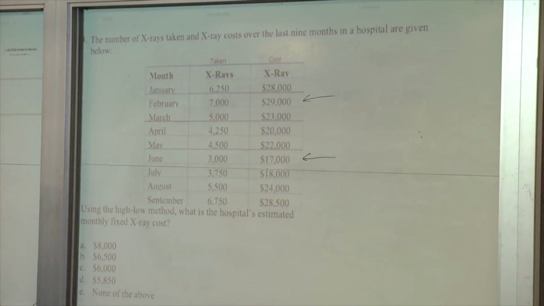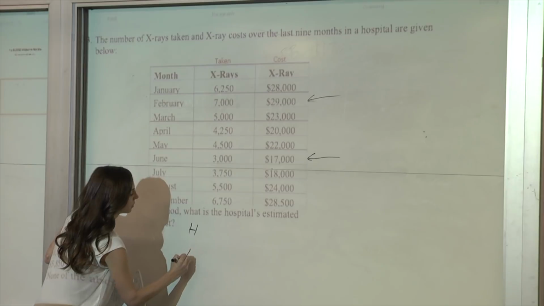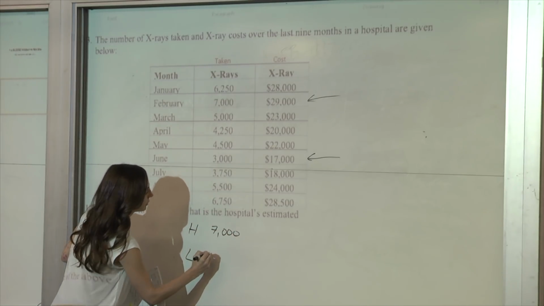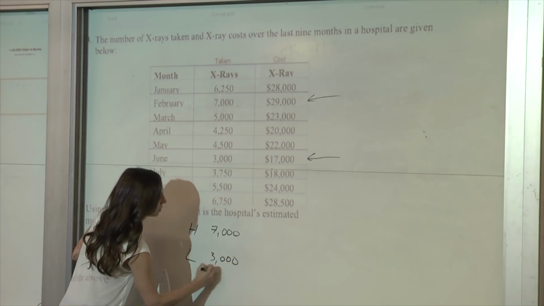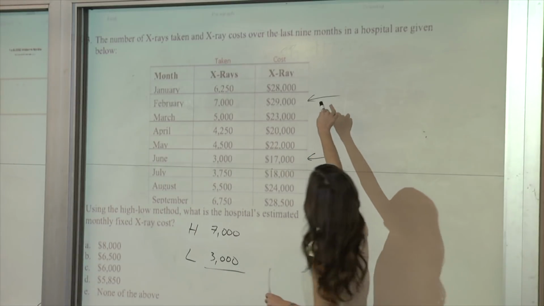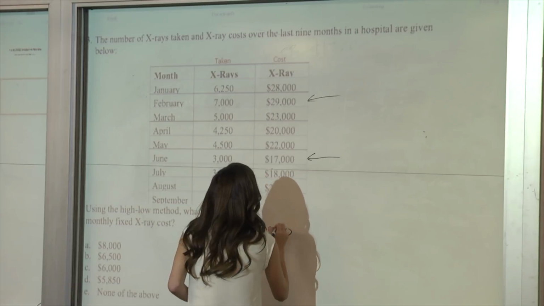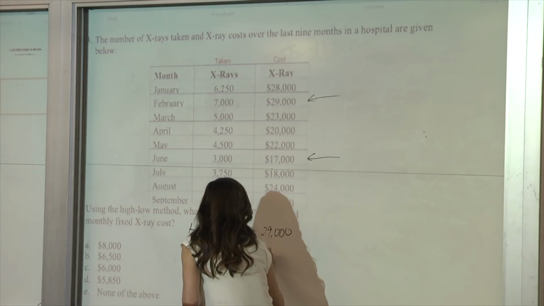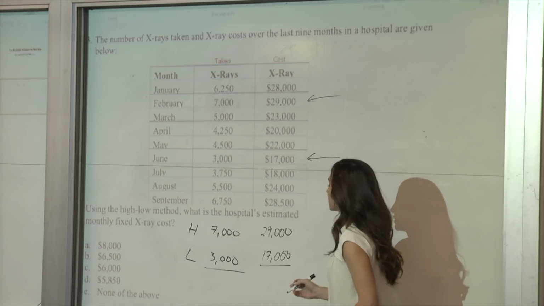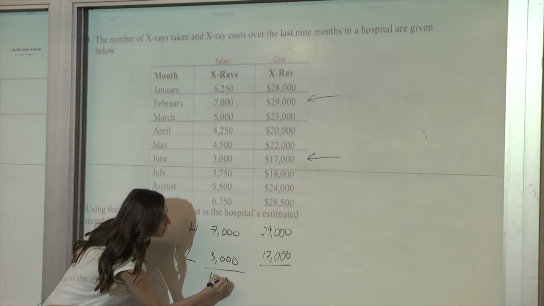So the first thing we're going to do here is just write down the high activity and the low activity, and the high cost and the low cost. And then we'll take the difference. For the activity, it's going to be 4,000.